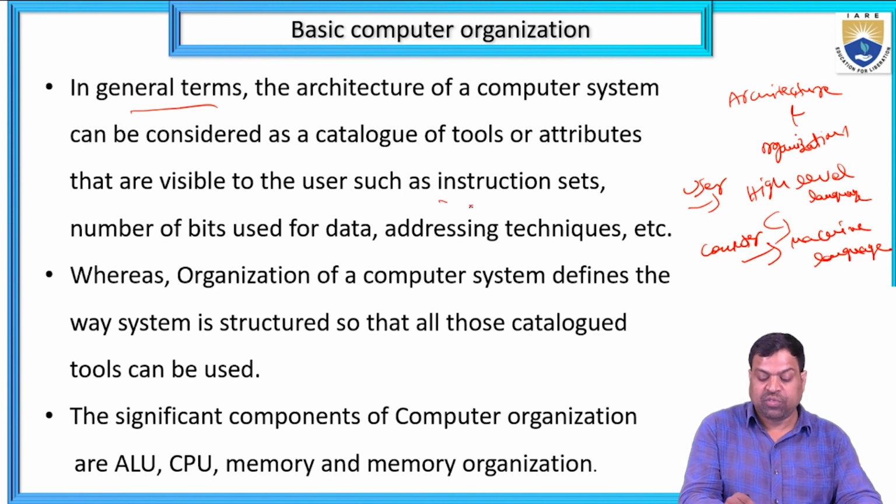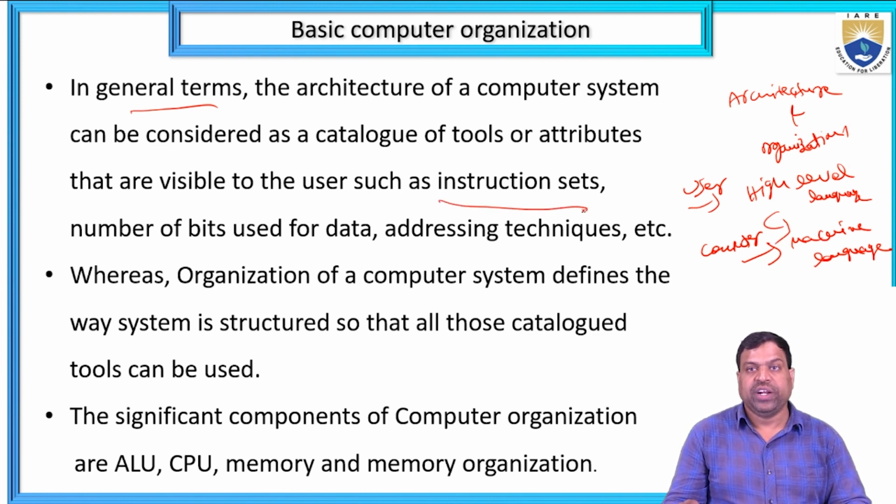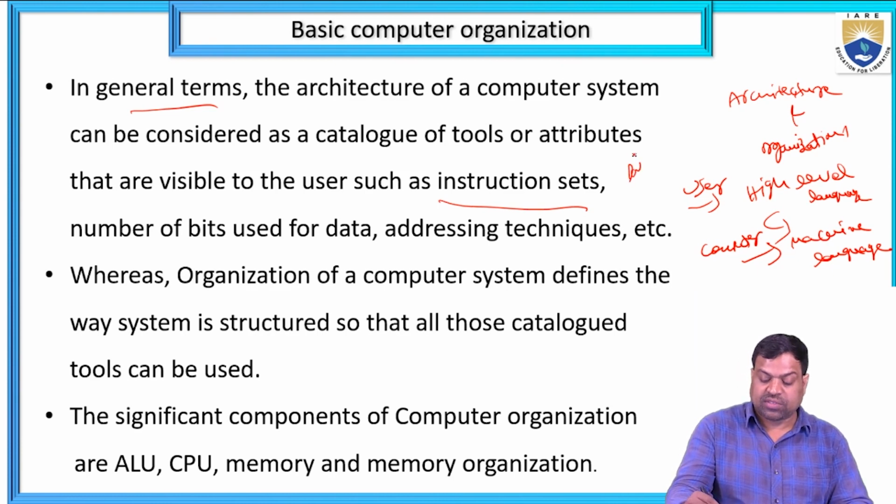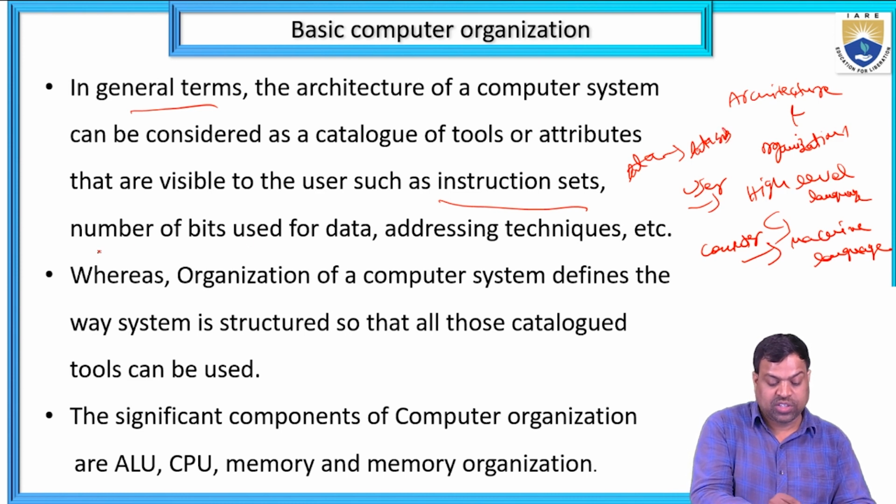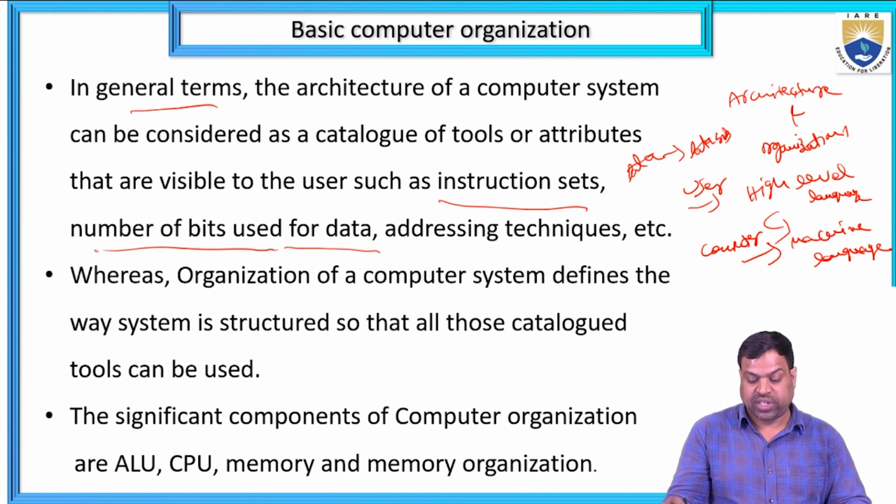How are we converting? We need some instructions and we need some data. Data is always used in data bits, the number of bits used for data. The architecture of a computer system is a catalog of tools and attributes that are visible to the user, such as instruction set, number of bits used for data, addressing techniques, etc. The organization of a computer system defines the way the system is structured so that all those catalog tools can be used.